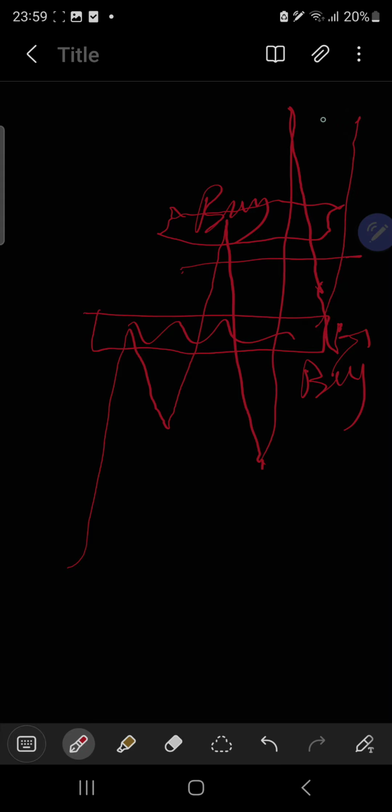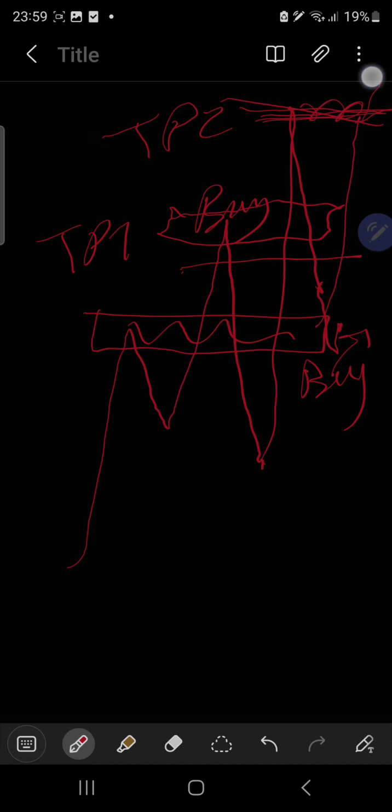Your TP would be this area. You can even say TP1 is the buy area where every trader, mostly new traders, bought, and the high is the buy area. This is TP2, but for me it should break this area too and go even higher.